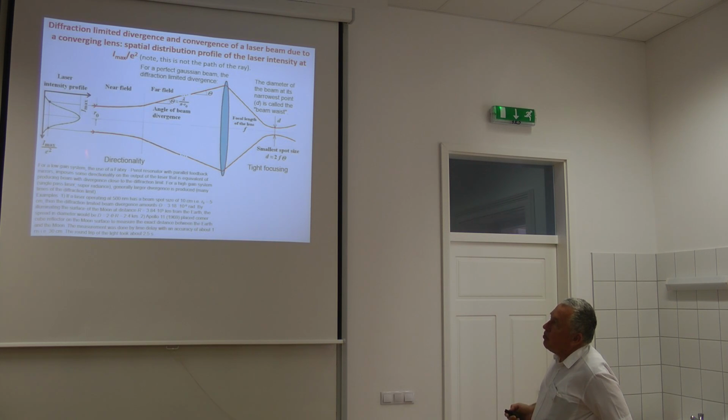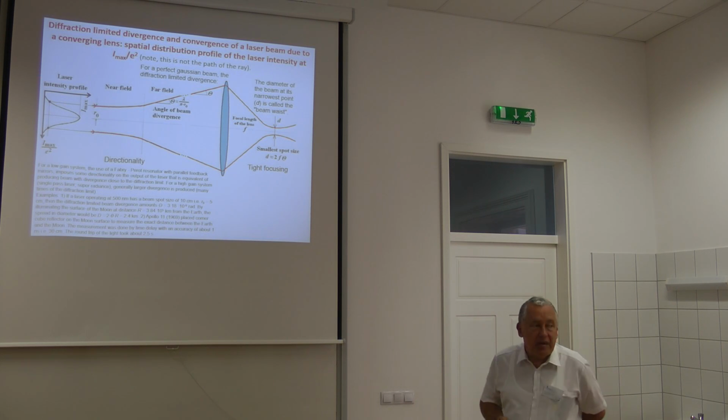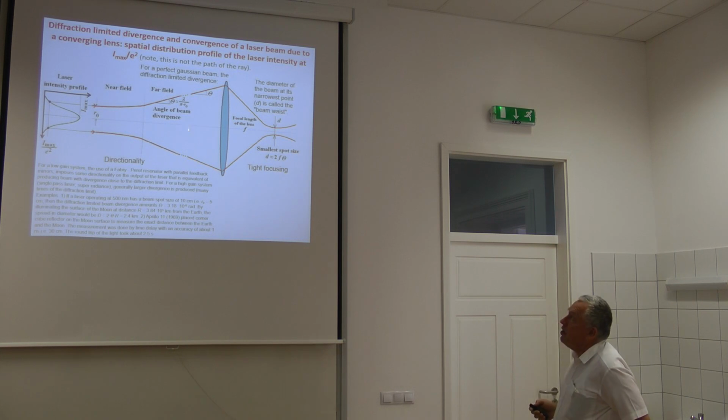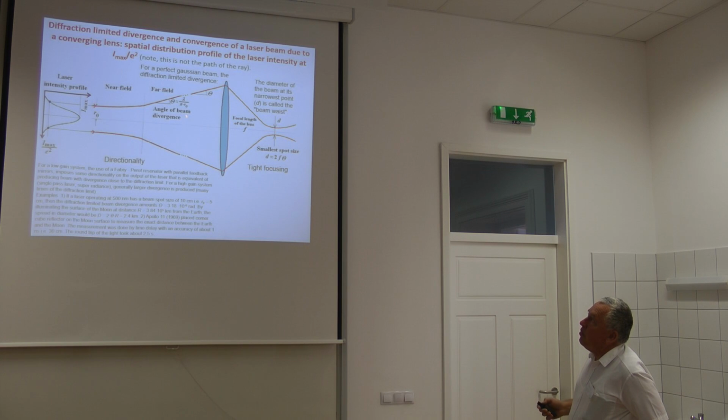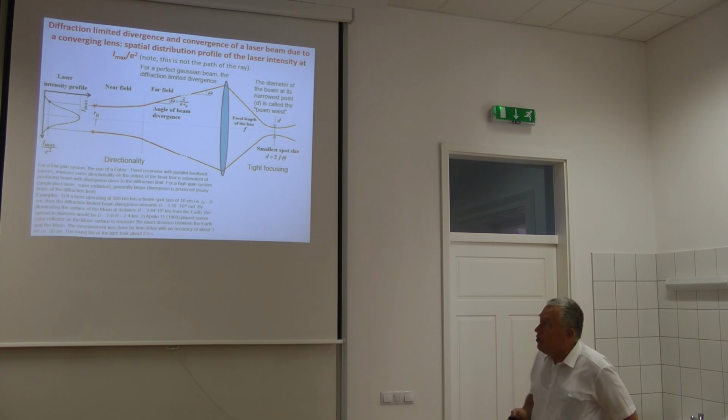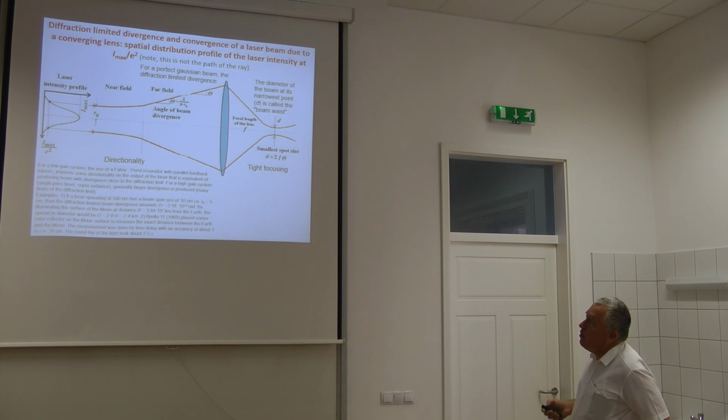This imposes some directionality, and it is limited by diffraction; the angle of beam divergence in this low gain system can be approximated by lambda over pi times R0, where lambda is the wavelength and R0 is the radius of the beam. If, on the contrary, you have a high gain system, then this divergence will be much larger than this limiting angle of beam divergence.